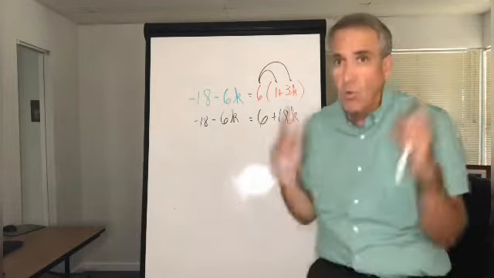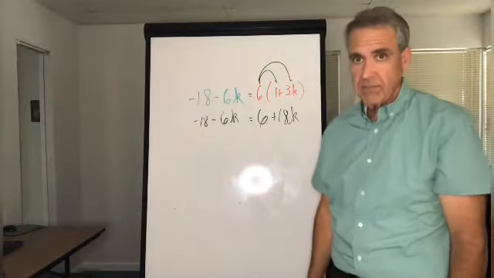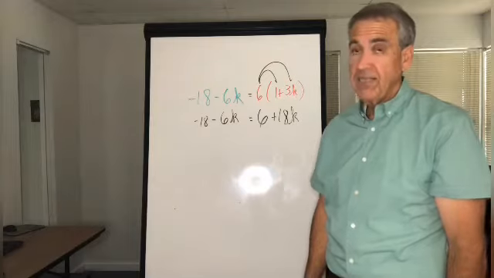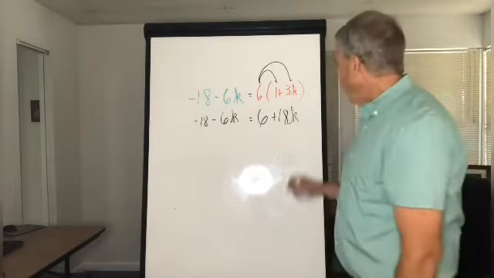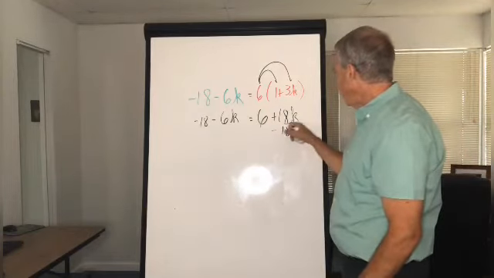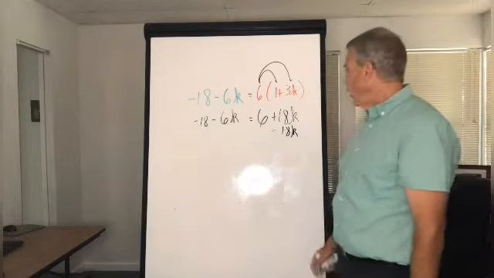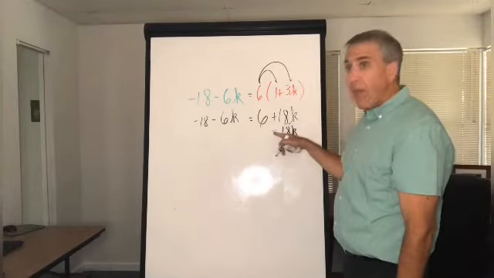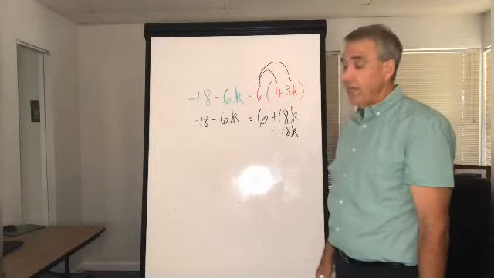And there is only one way to kill a positive 18k. Do you know what it is? If you said minus 18k or negative 18k, either way, you're right. The opposite of a plus 18k is a negative 18k. That'll kill it. You have 18k's, you spend minus 18 more k's. You got no k's. You're out of k's.